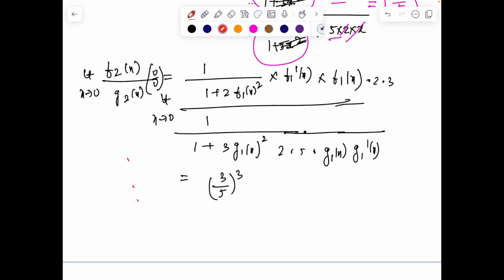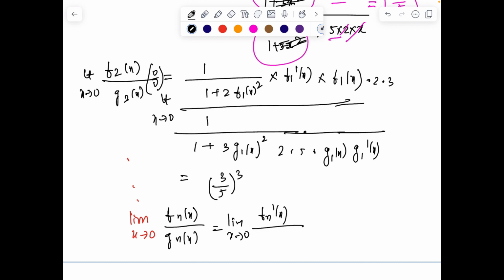So in general you can see the pattern, and using induction you can prove it, which I will do at last. So you can see it from induction or from the pattern. With x tending to 0, what I have is fn(x) by gn(x), that is going to be limit x tends to 0, using L'Hopital's rule, f1 dash x by gn dash x, and by this chain reaction finally we are getting 3/5 to the power 2n minus 1, right?